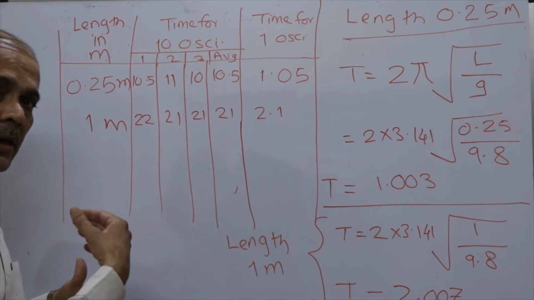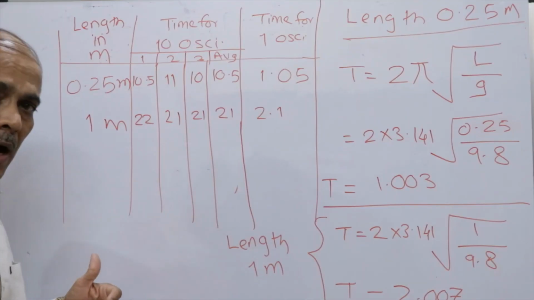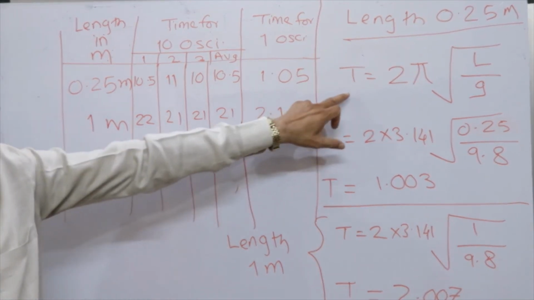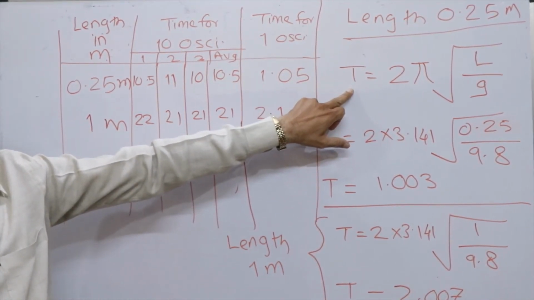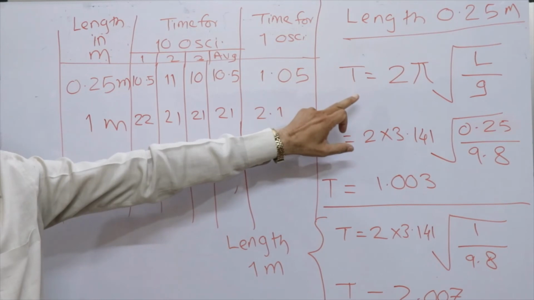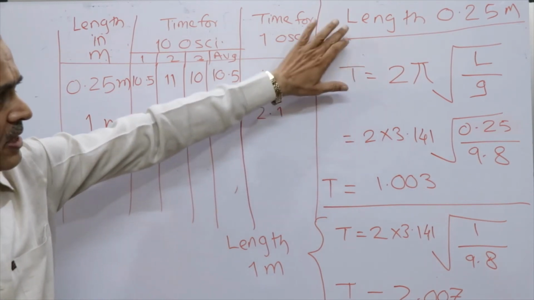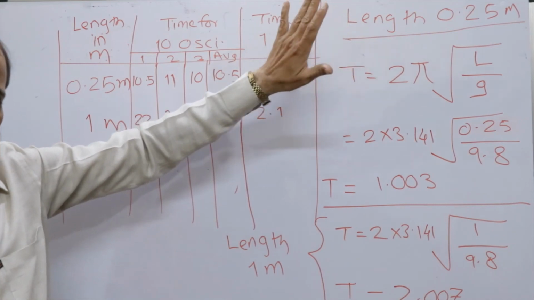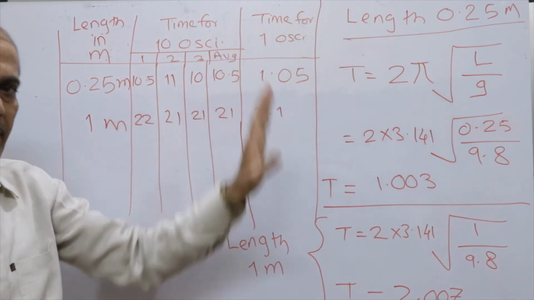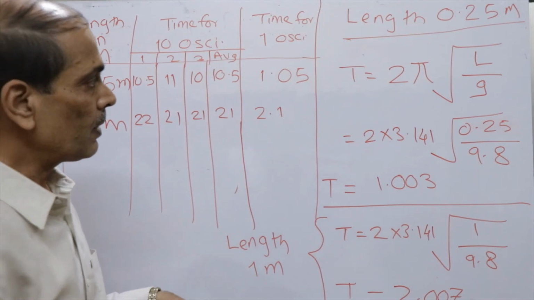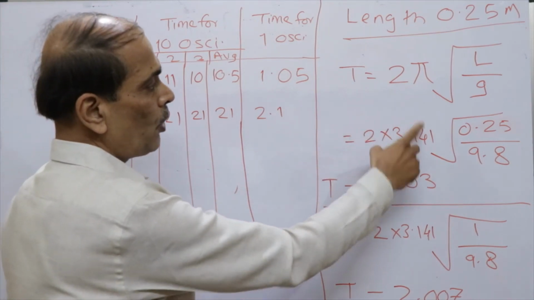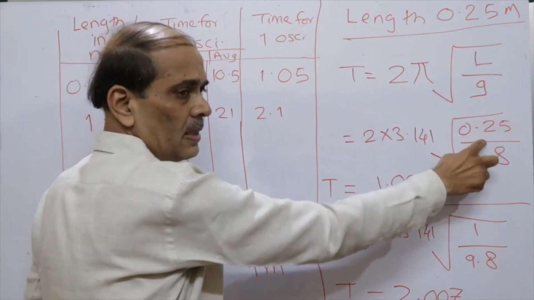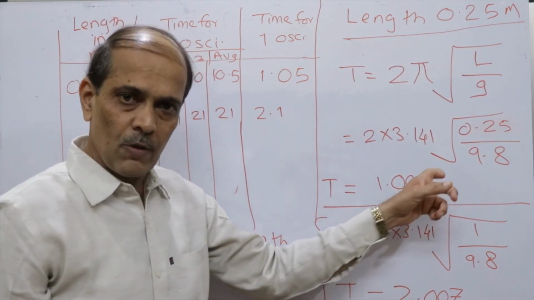And how about the results from the formula of time, T equals 2π times the square root of L by g? That is the pendulum formula. Let us try first for a length of 25 centimeters or 0.25 meters. So 2 into 3.141 into the square root of 0.25, that is the length in meters, divided by 9.8, the value of g.